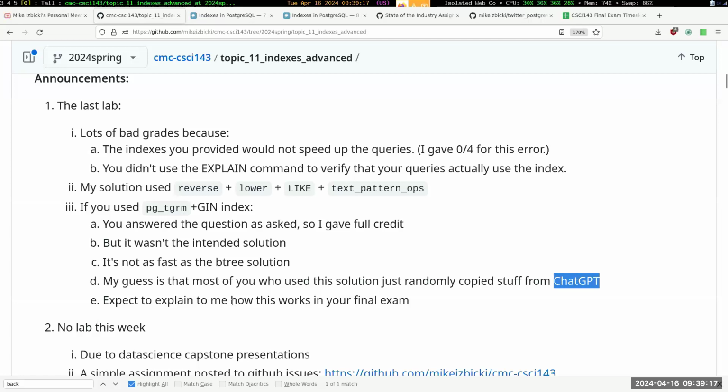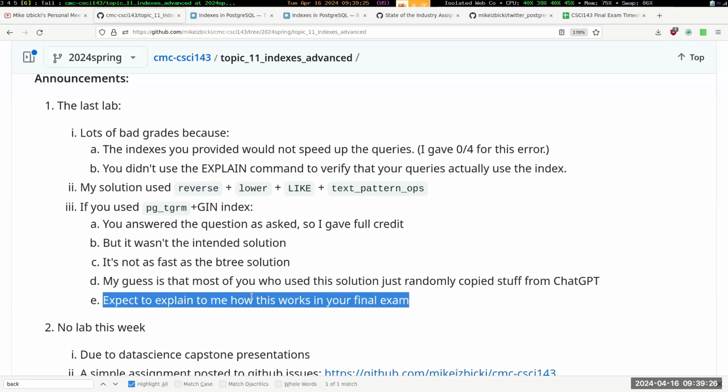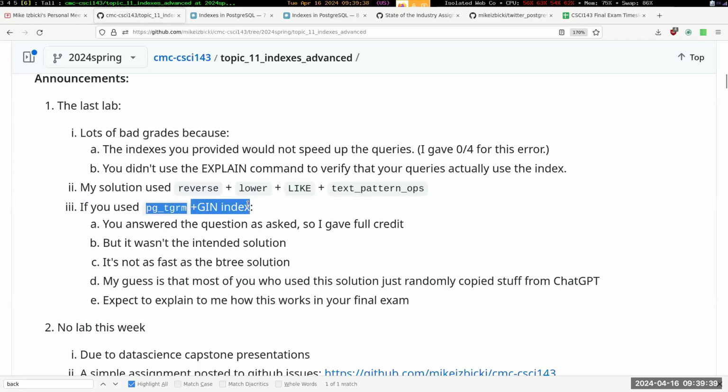But you should know that if you did this, it's probably somewhere between 5-ish students who did this. Expect me to ask you how that works on the final exam when we're doing our one-on-one talk about things. So you got the full credit for the lab, but you will have to talk to me about how it works at some point.